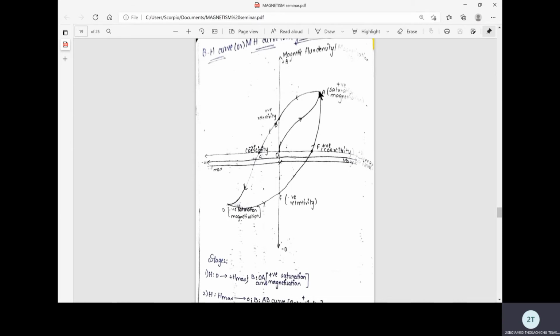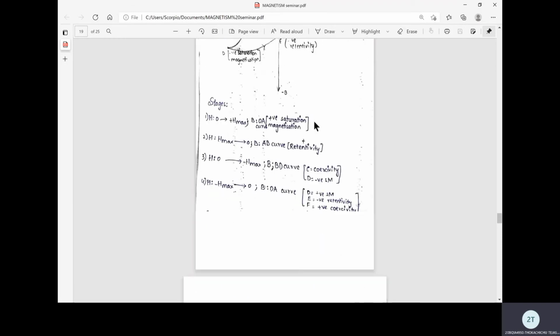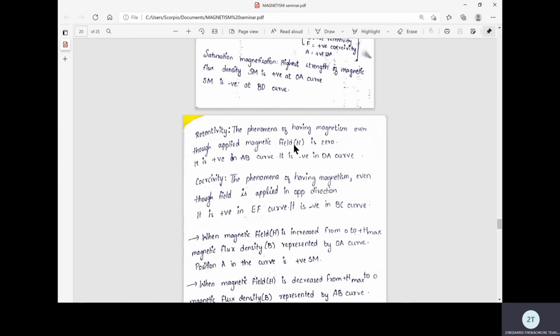And from point H max to 0, that is from this to this, that is the AC curve, up to the point B, this point can be taken as positive retentivity. Now what is retentivity? Retentivity is nothing but the phenomenon of having magnetism even though the applied magnetic field H is 0.